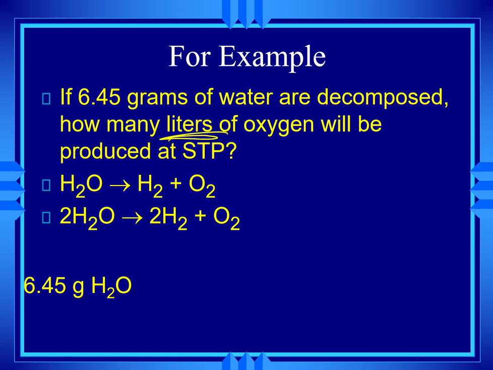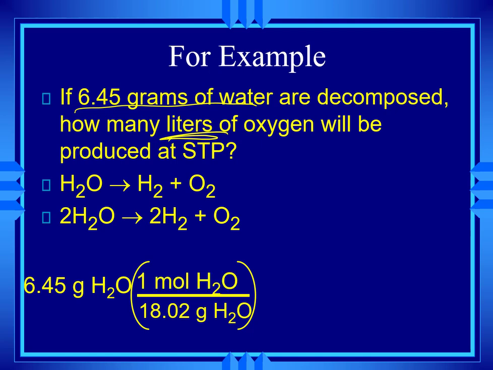And we're going to start just like last night's work. We start by writing down what they gave us: 6.45 grams of water. And then let the units tell us what to do. The unit I want to get rid of is grams of water, and if I want to talk about a different chemical, I need to go to moles. So I can go from grams of water to moles of water.